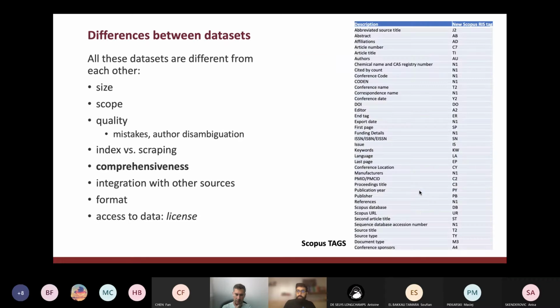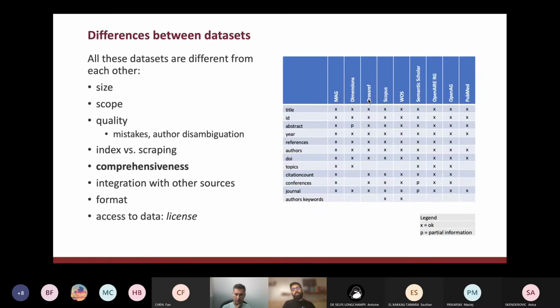And indeed, for example, in Scopus, we have a lot of information. So we have abbreviated source title, article number, authors, chemical name, cited background. There is a lot of information that we can use for our analysis.